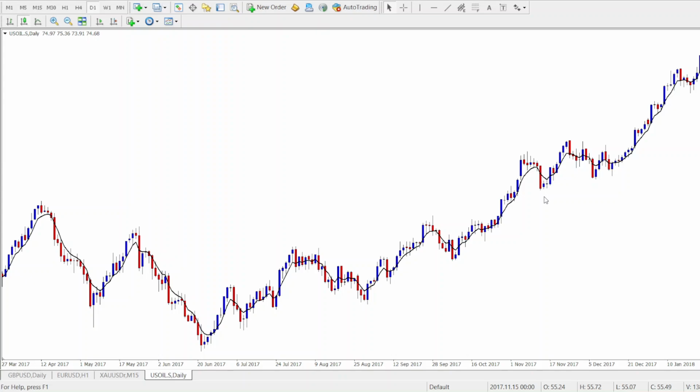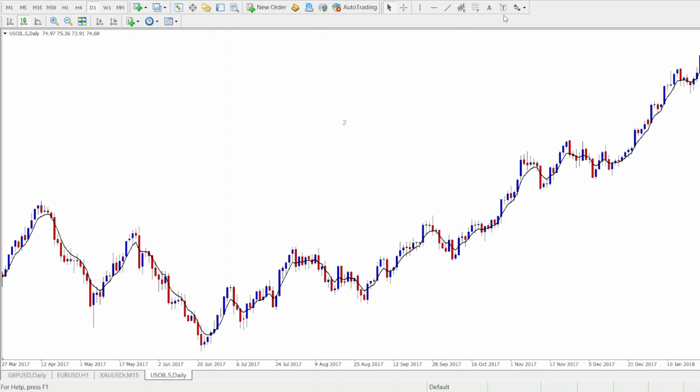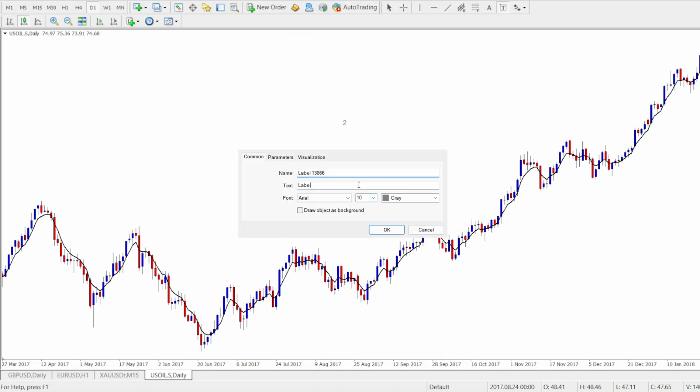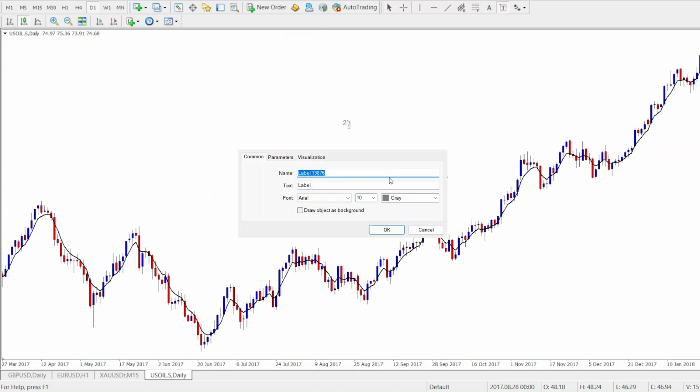The multiplier is equal to 2 divided by the number of periods plus 1.